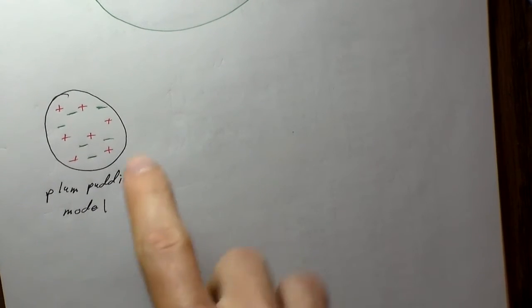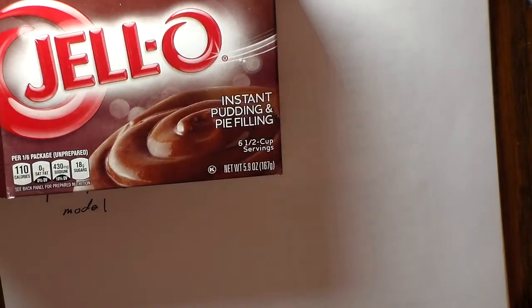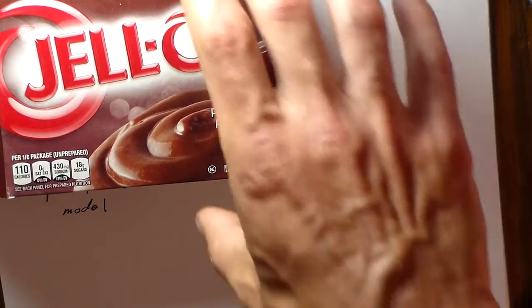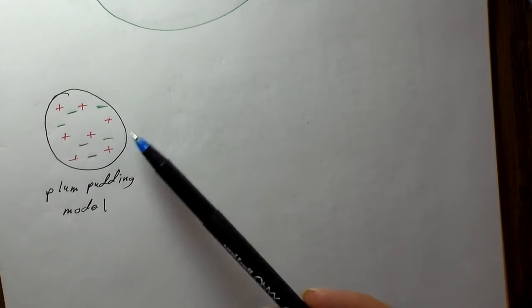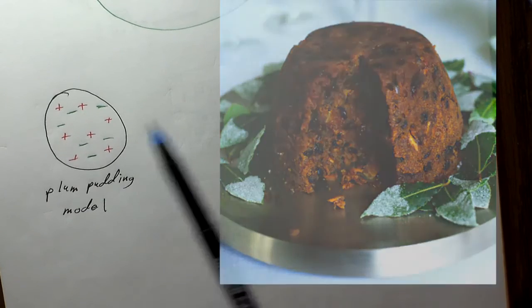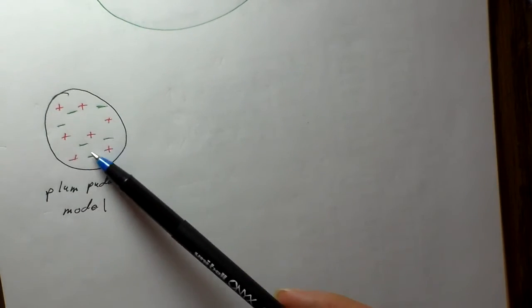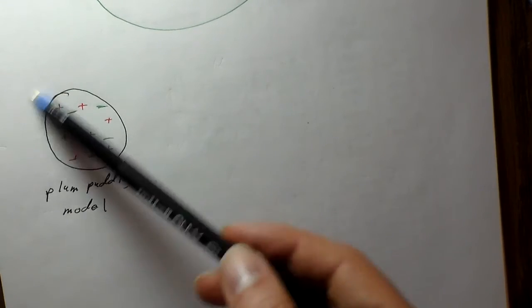Now you have to realize that when Rutherford was doing this, Rutherford is from England, so their version of pudding is not the same version of pudding that we're used to. Okay, so nowadays we might call this the raisin bread model, because it would probably be more accurate. The plum pudding is kind of like our raisin bread, using plums, but all these little electrons would be the plums distributed in the pudding.